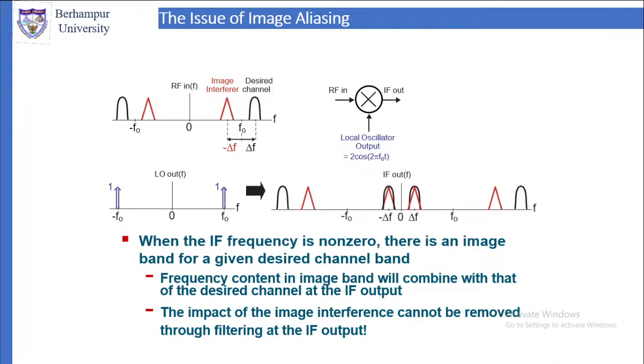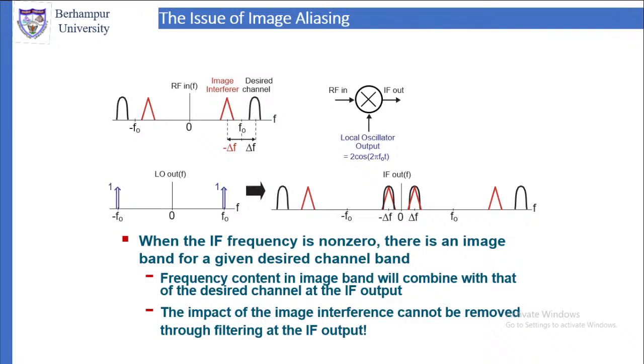Now look at this figure, the first figure on the top left. So what we have here is the RF, and then we have the desired channel. In the RF we see the desired channel is at delta F, so from F0 if I move by an amount delta F, the desired channel is there.